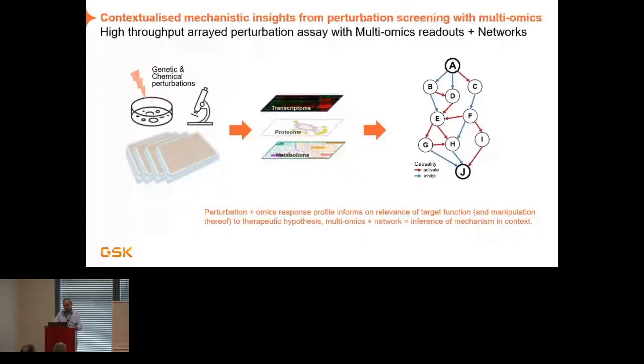I'm going to talk now a little bit more about networks, the way we think about using networks, and the importance of that data. The example here is where we introduce some genetic or chemical perturbation in certain systems, as I mentioned earlier.